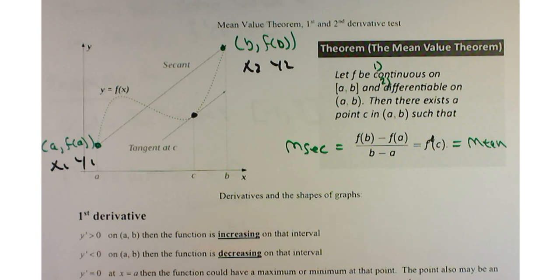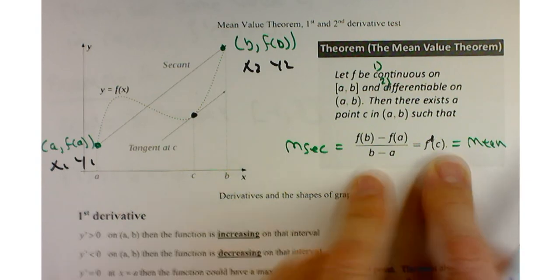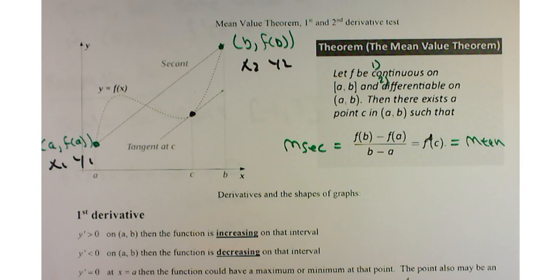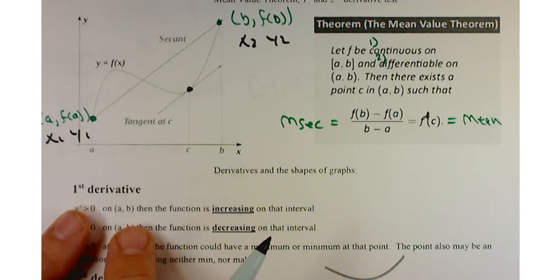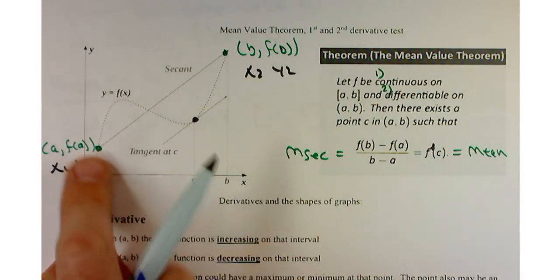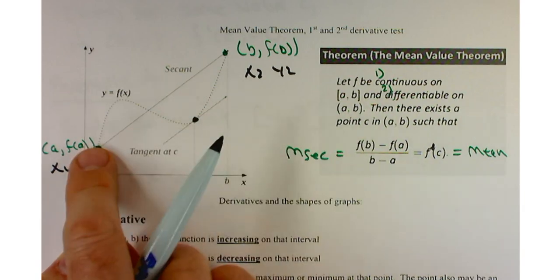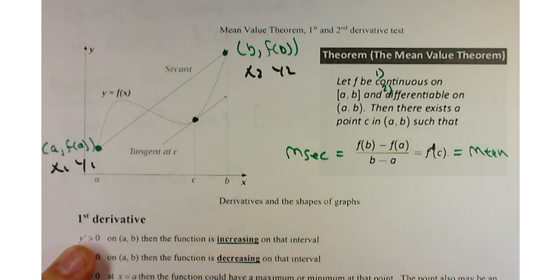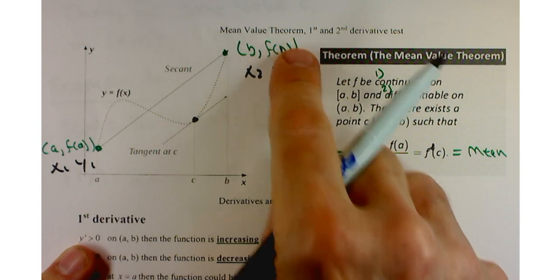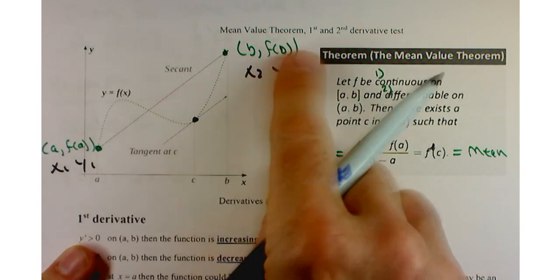Yeah, the slope is positive. It's increasing. And this gives us a nice concrete way to say that. If you have an increasing function, then when you move from left to right, you're moving up on the y-axis. And when we do f of b minus f of a, you're going to get a positive number.